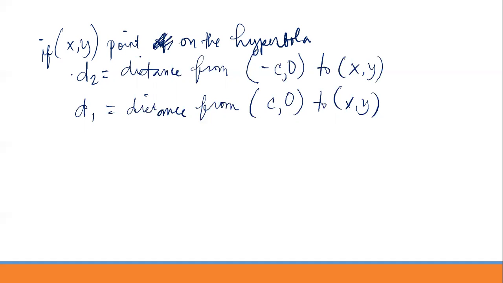Okay, so ito na yung definition ng dalawang distances. This distance is from this point to that point.